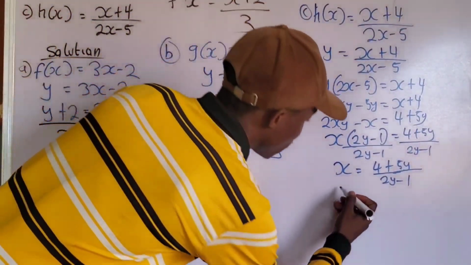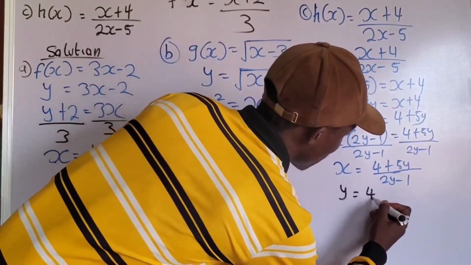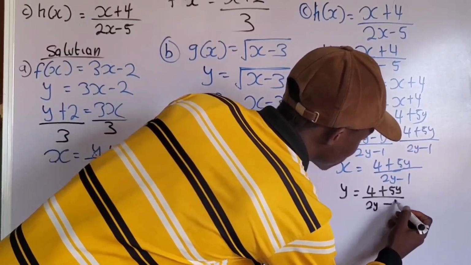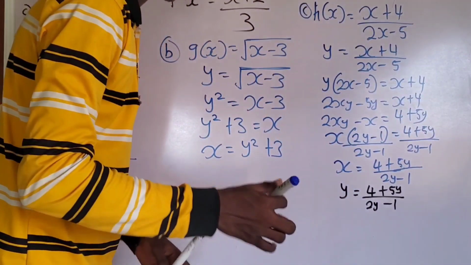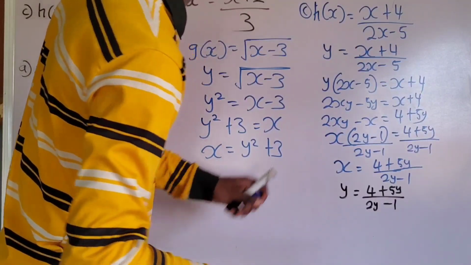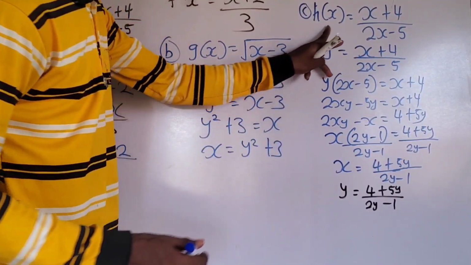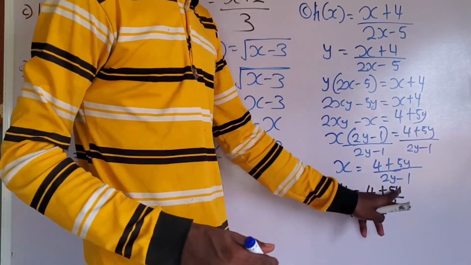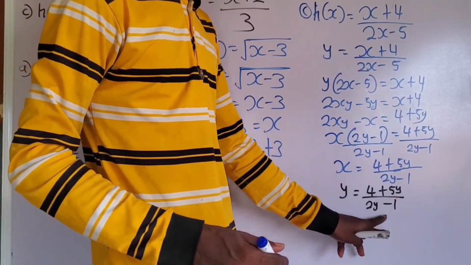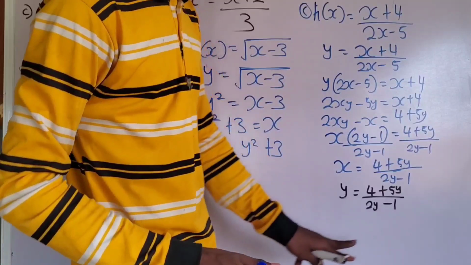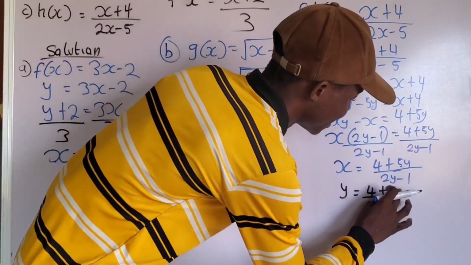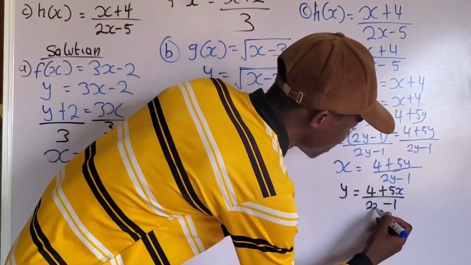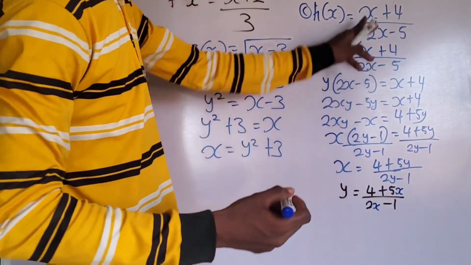So I'm going to have y equals 4 plus 5x all over 2x minus 1. That means I'm going to write y as the inverse of h of x, because the inverse of this function is 4 plus 5x all over 2x minus 1. You understand?